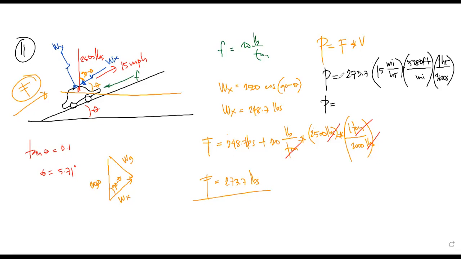So that's 6,021.4, unit in pound foot per second. Okay, so mile will cancel out, hour will also cancel out. So this will have a unit in pounds. So you have the pound foot per second.